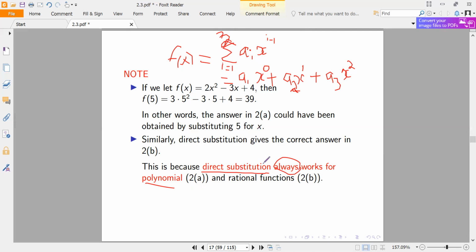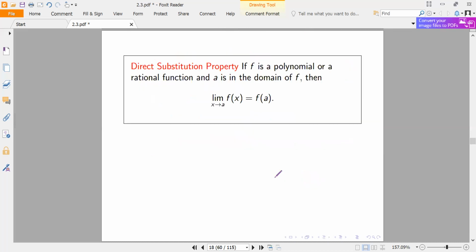Such functions, you can always use direct substitution to evaluate their limits. To generalize it, the direct substitution property says that if f is a polynomial or a rational function and a is in the domain, it's very important, especially for rational functions, because if the function is not defined at that point, that point is not part of the domain.